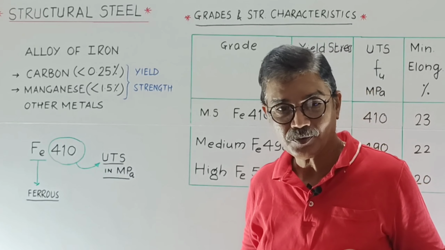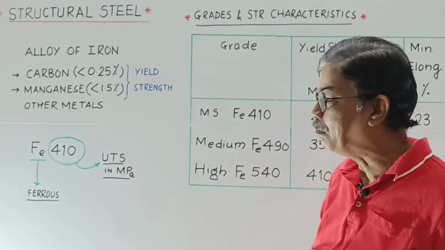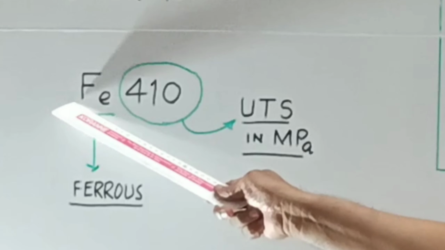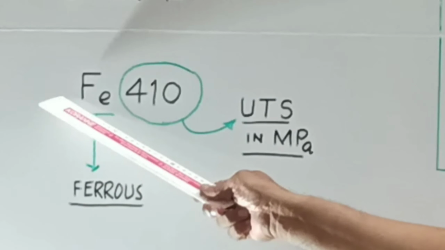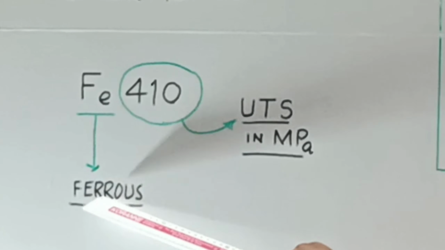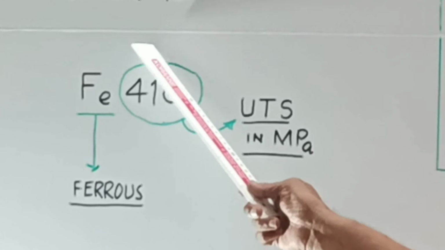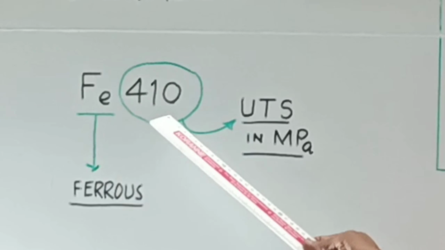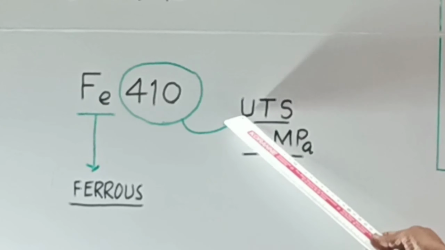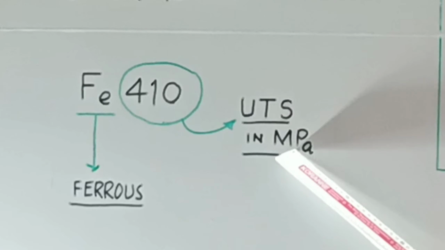Okay. Now let us see what are different grades of steel and their strength characteristics. The steel is designated by a grade, say Fe410. This Fe represents the ferrous metal, that is steel, and the number after that, that is 410, represents ultimate tensile stress in MPa.